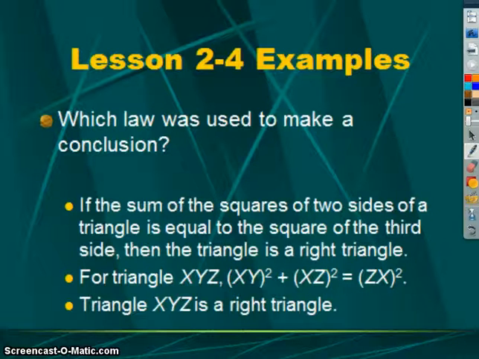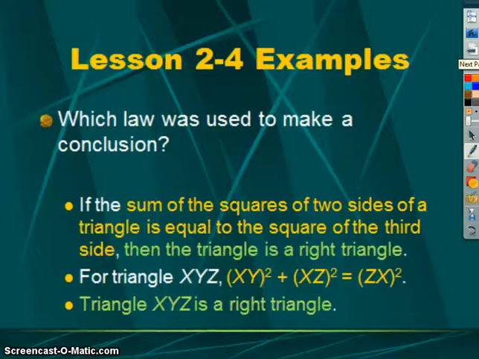If you look at the pattern, it looks like we have our if-then statement. If the sum of squares of two sides, etc., then the triangle is a right triangle. Then it restates that first part, and the conclusion is that it's a right triangle. So this is a great example of the law of detachment.